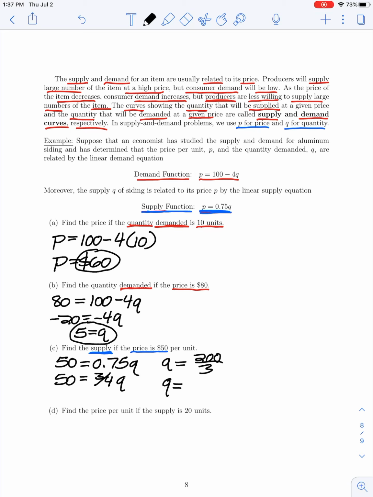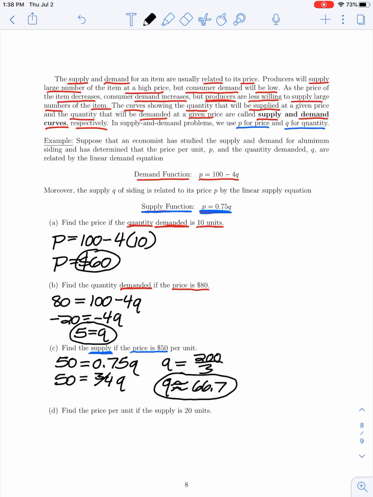And Q is then approximately 66.7. So the quantity demanded, or the quantity supplied at a price of $50 per unit would be about 67 units.